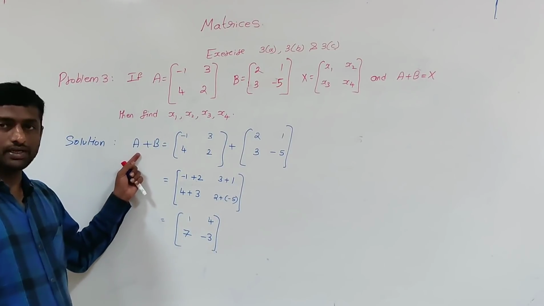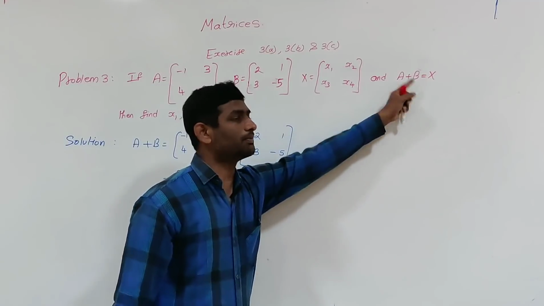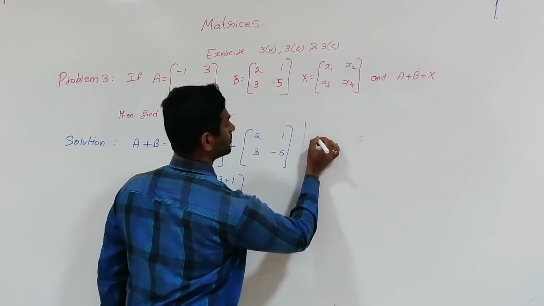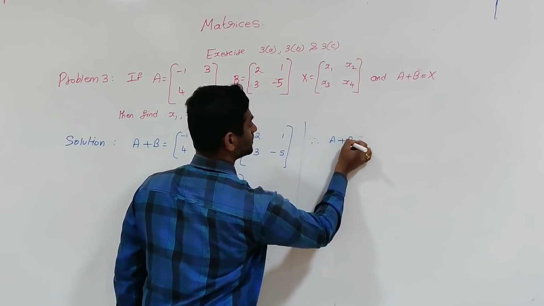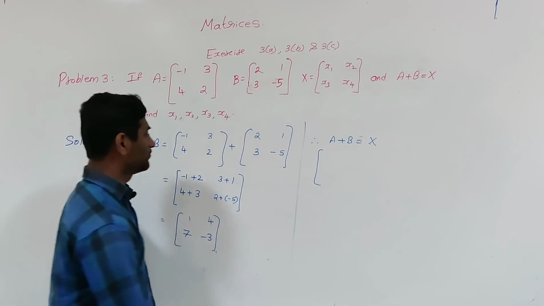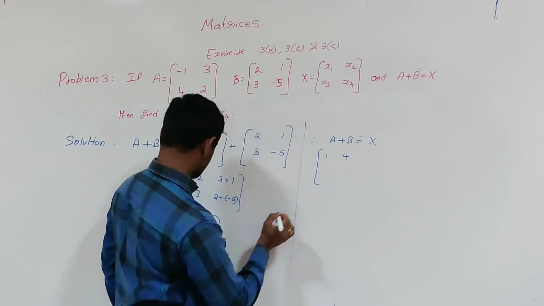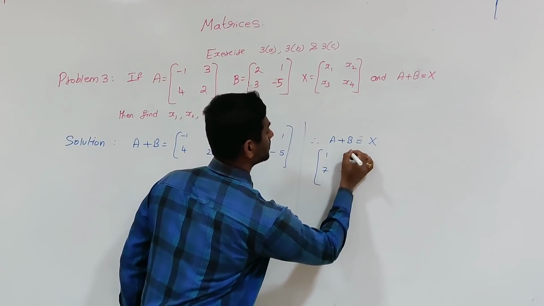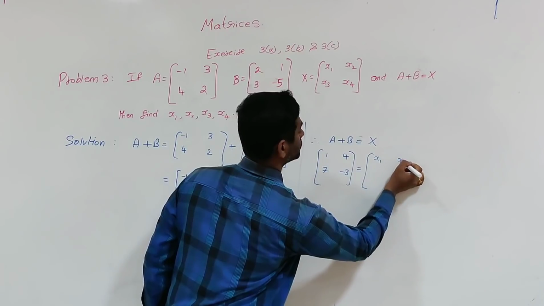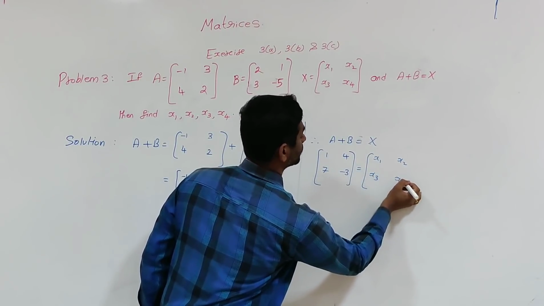So this is the matrix of A plus B, and this matrix is compared with capital X. As A plus B is equal to capital X, A plus B is 1, 4, 7, minus 3, and capital X is equal to x1, x2, x3, x4.